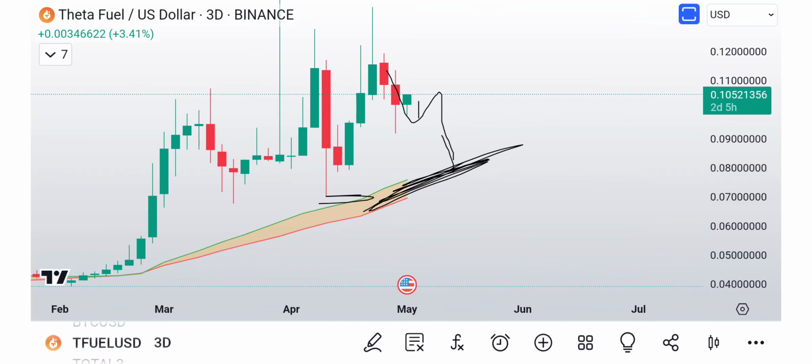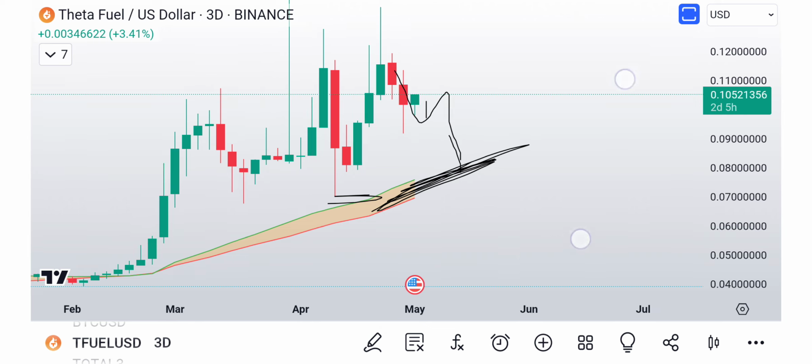So the best thing about Theta Fuel, it has plenty of wiggle room. So if Theta Fuel is in a position of something of a bullish structure, in my opinion, pretty bullish, especially because if you look at the rest of the market, they got pretty hit hard with an ABC. It was a normal correction, but when you compare it to Theta Fuel, it's very, very interesting.